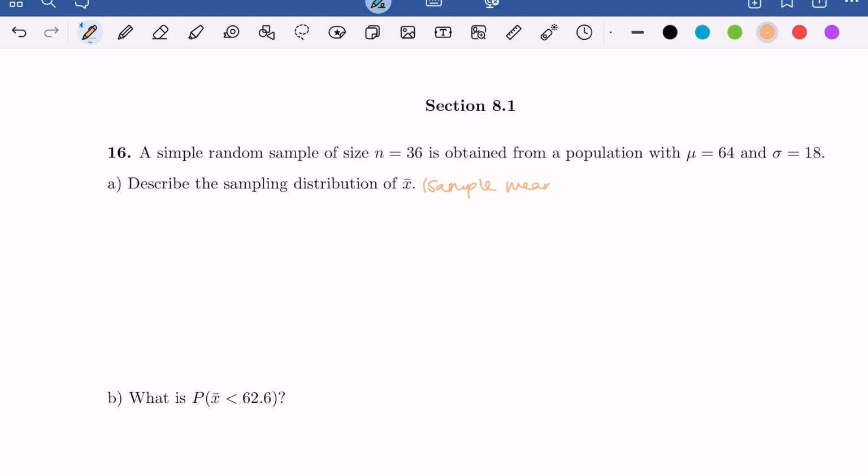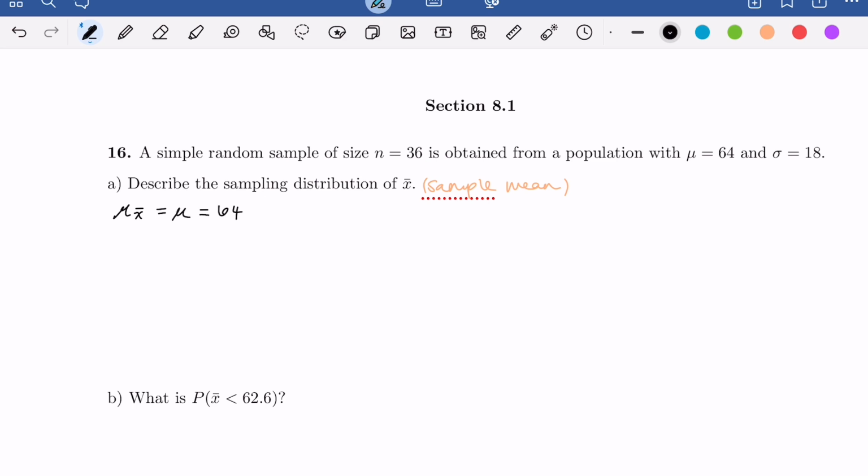Since our mean is 64, the expected value of our sample mean, denoted mu sub x bar, is going to be equal to our population mean mu.